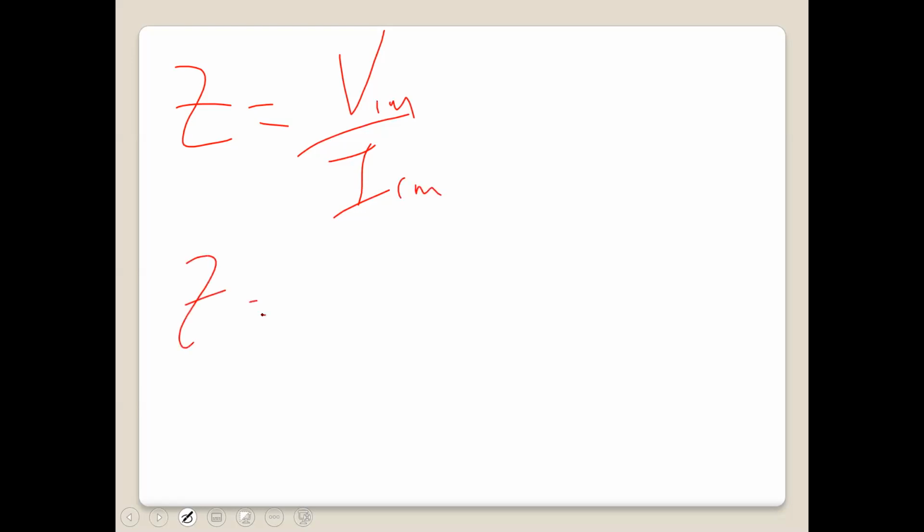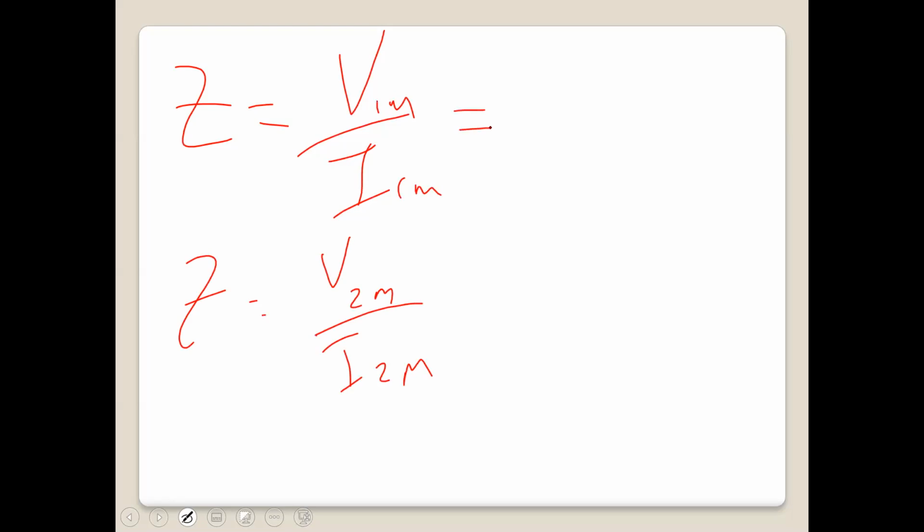And for the current, you'd also be dividing it by √2. So when I divide the two, both √2s cancel each other. So Z is equal to V over I. Whether you want to use V1M over I1M or V2M over I2M, you'll get the same thing, the same R value.